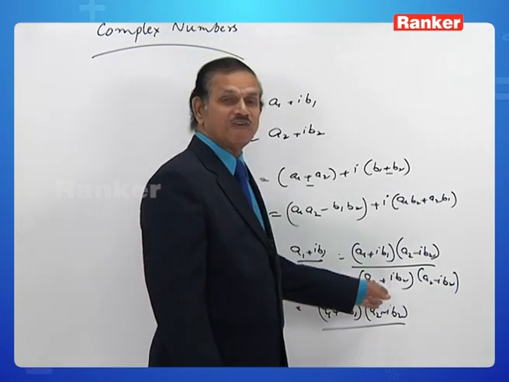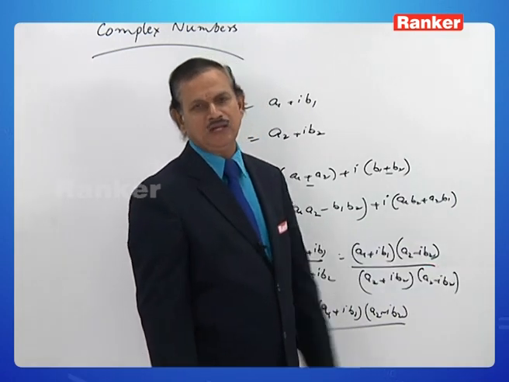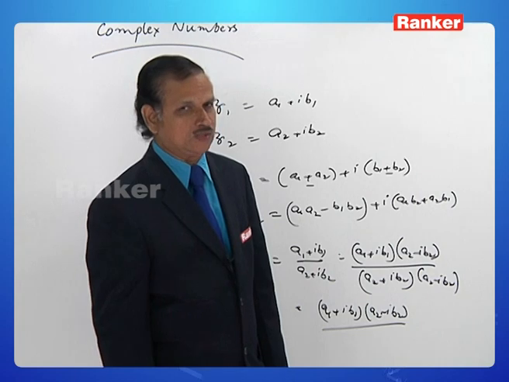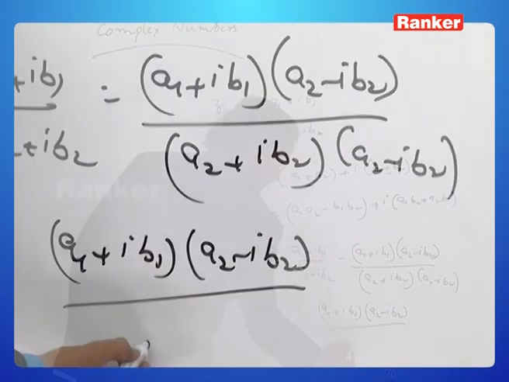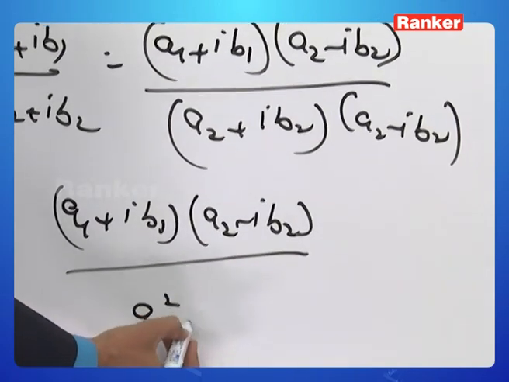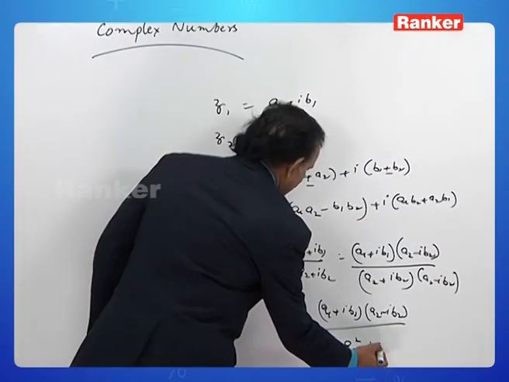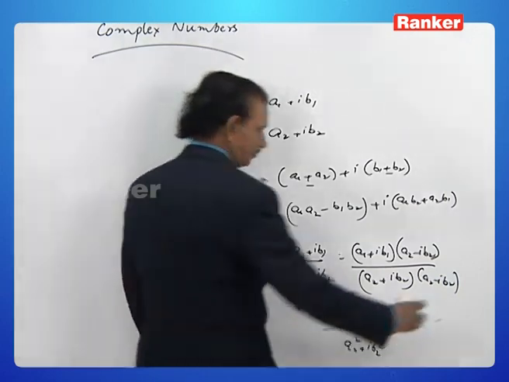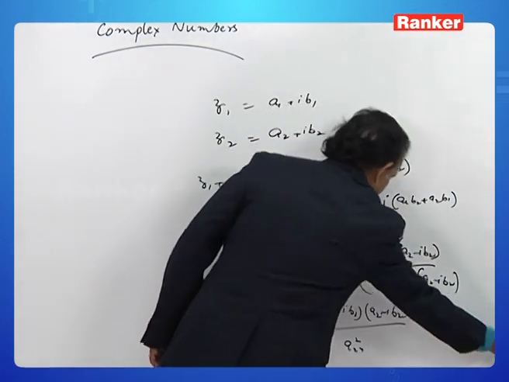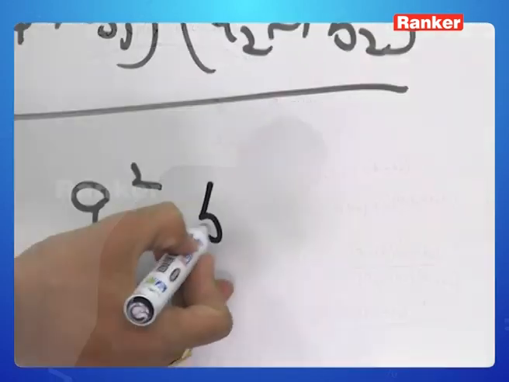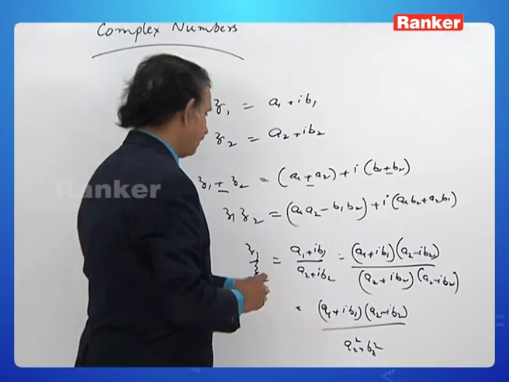That is A2 square minus I square B2 square. You see, I square is minus 1, so minus I square is plus 1. Hence, the denominator would be A2 square plus B2 square. Sorry, I'm very sorry, A2 square plus B2 square.